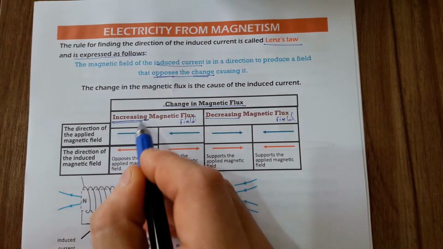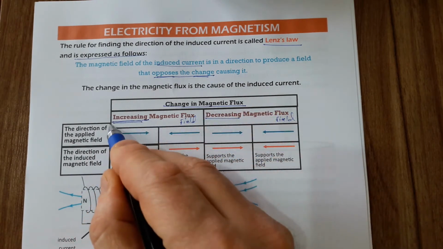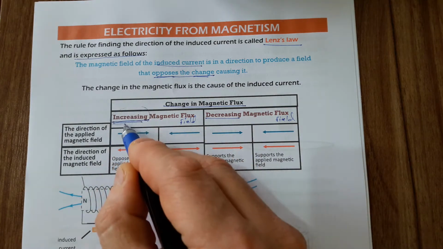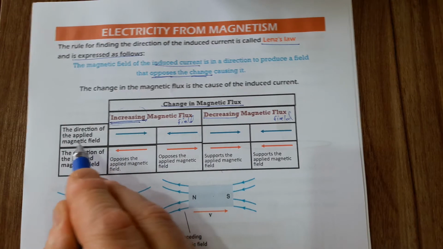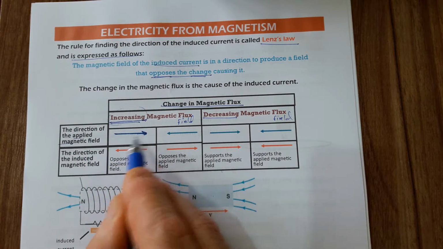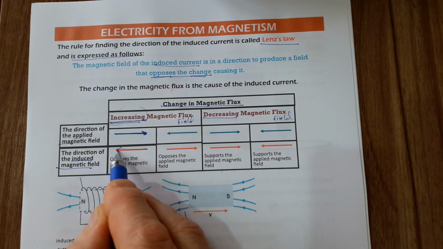So in the case of the increasing magnetic field, because the change is the increase, if the applied magnetic field is from left to right, for example, induced magnetic field will oppose the applied magnetic field by making a direction from right to left.